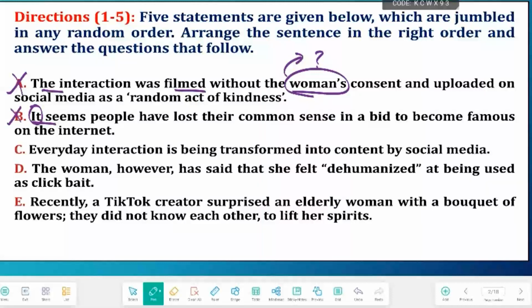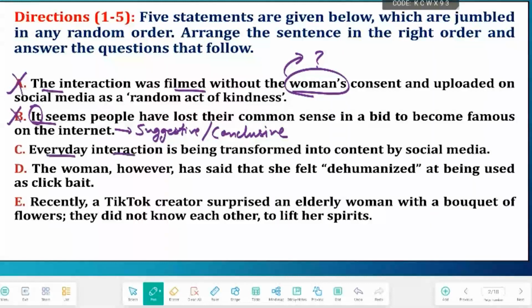Now this seems to be some kind of a suggestive or conclusive statement. So this looks more like a suggestive or a conclusive statement. Definitely, this is not going to be our first statement. It may be our concluding or the last statement. We'll look into the next statement now.